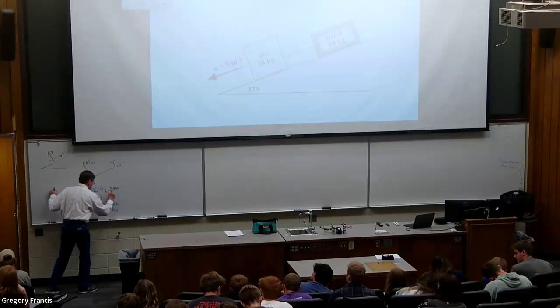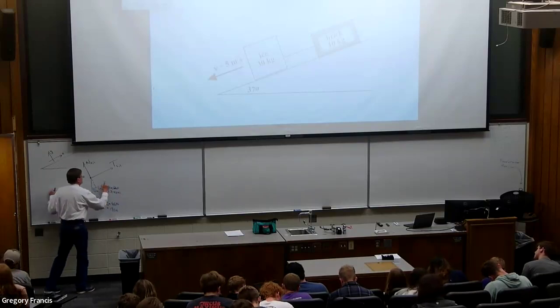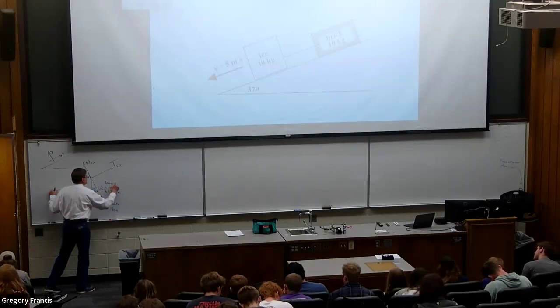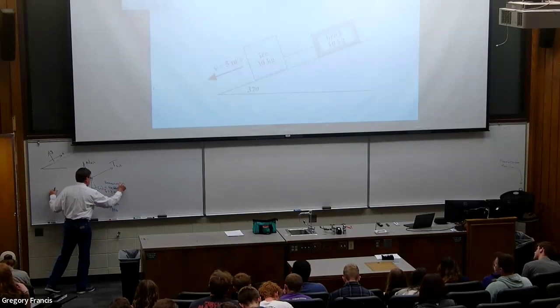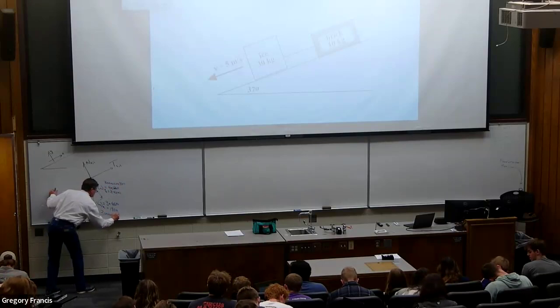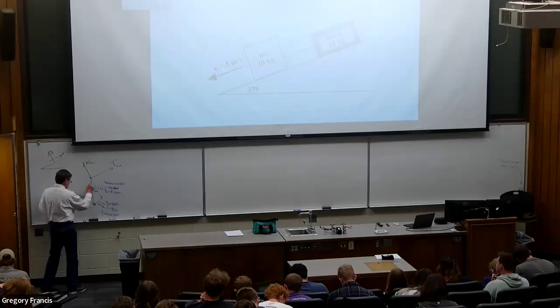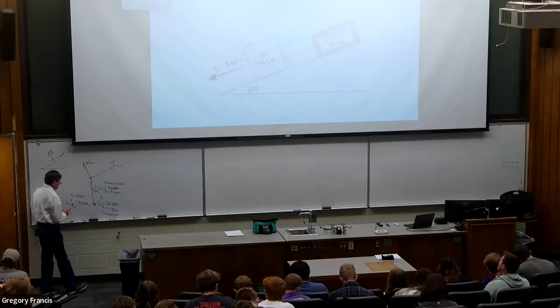And that's going to be 240 newtons. Or you could say this is 300 newtons times the cosine of 37 degrees, and this is 300 newtons times the sine of 37 degrees. Whatever floats your boat. Now, once I break it up into parts, I throw away the original.